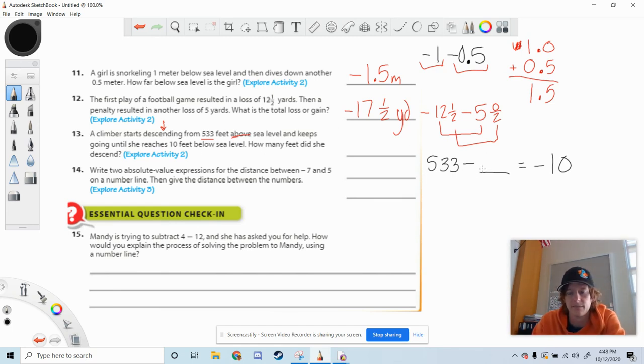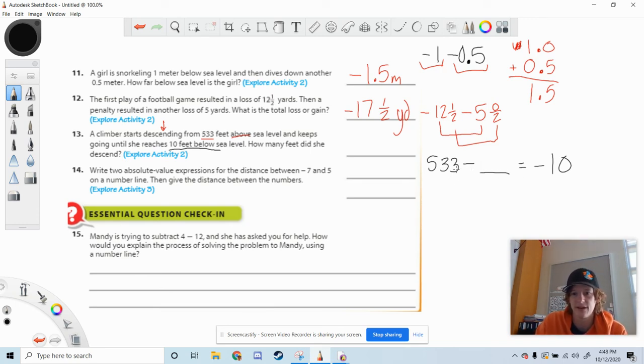So let's see. We're going to find out what goes here. 533 minus what equals -10. Started at 533, and they go down some amount to reach -10 feet. So let's see.